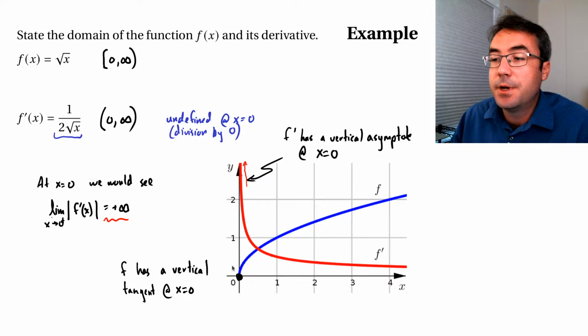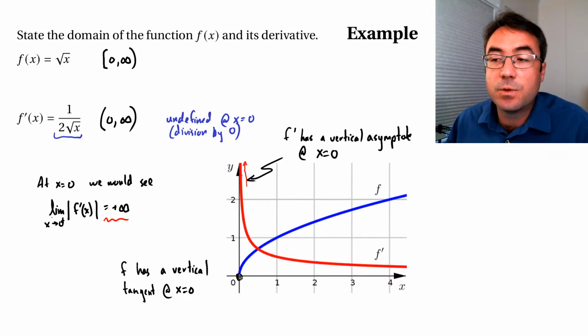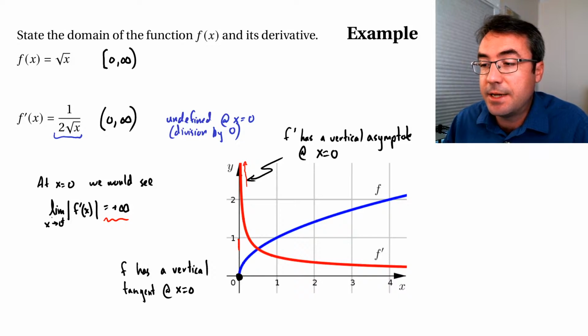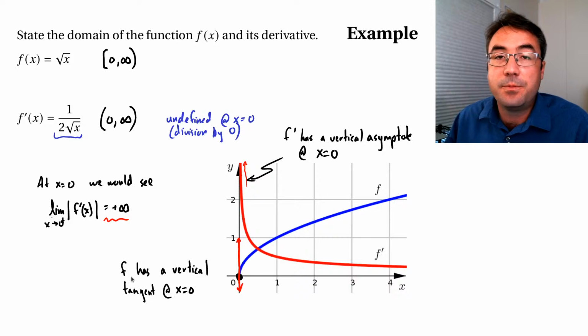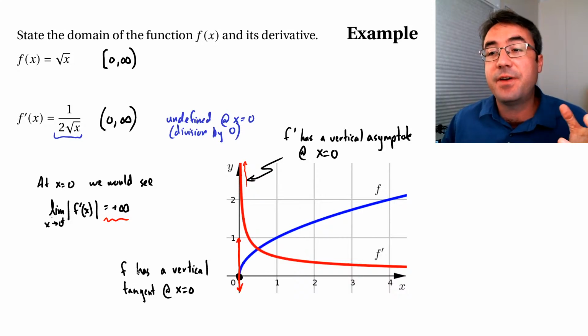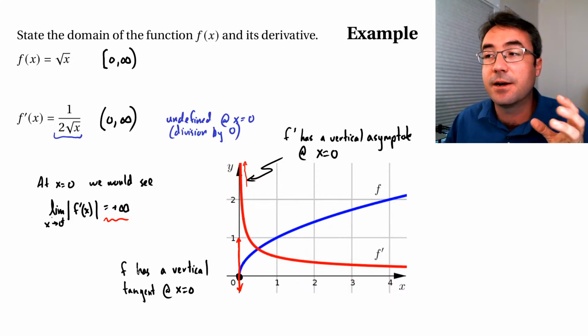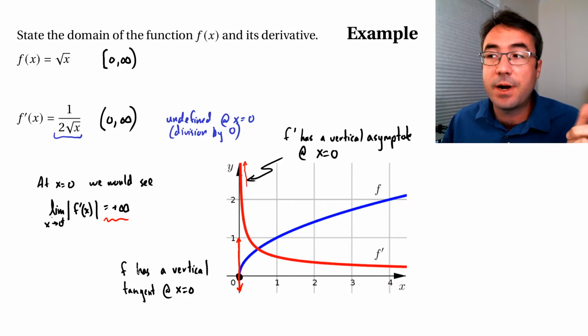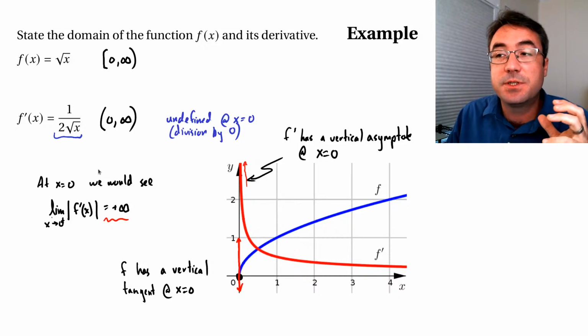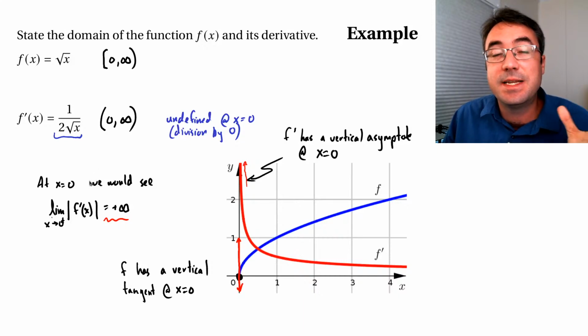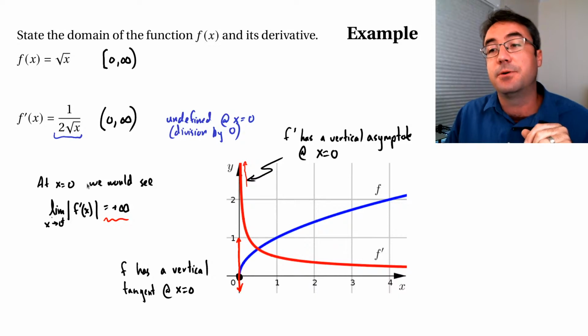If we were looking directly at x equals 0 and trying to sketch what the tangent line would look like, the tangent line to the curve would be straight up and down. It'd be a vertical line directly at x equals 0. And so because our function f has a vertical tangent there, its derivative, f prime, has a vertical asymptote. And more specifically, f prime does not exist at x equals 0.